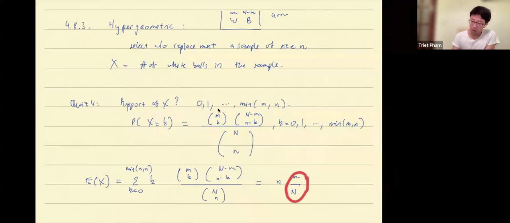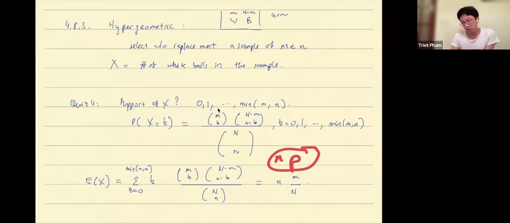M over big N represents the ratio of white over the total population, the total number of balls. So it's really the ratio of the white balls inside the urn. And then you select a sample of size little n. So this is very much of the type n times p.